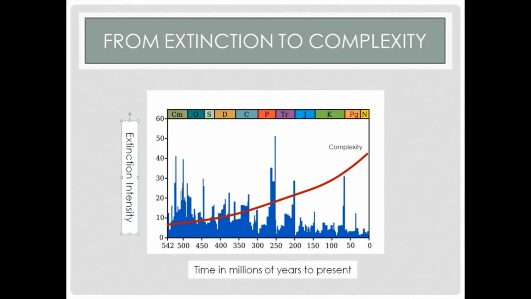In the red line, I indicated that the complexity during evolution is increasing, and this is just a symbolic representation because complexity is very difficult to measure.